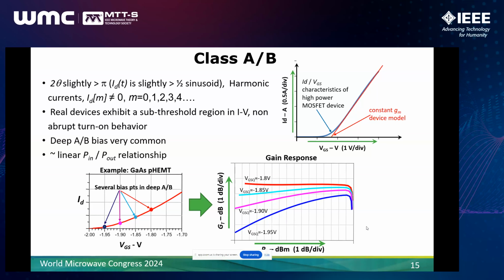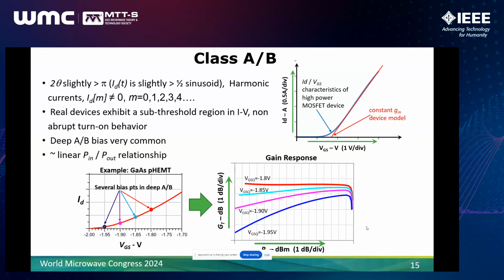There's a subthreshold region where the device gradually transitions from being off to an on state, such as I've shown here. So all devices exhibit this behavior. And again, if you describe a current source based on this subthreshold region, you'll find that the gain response is not linear.